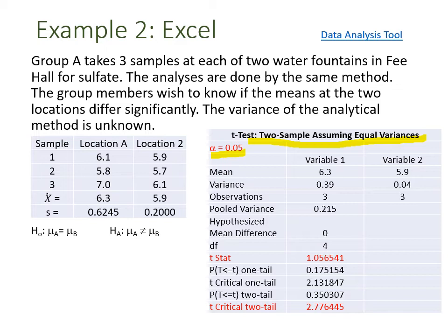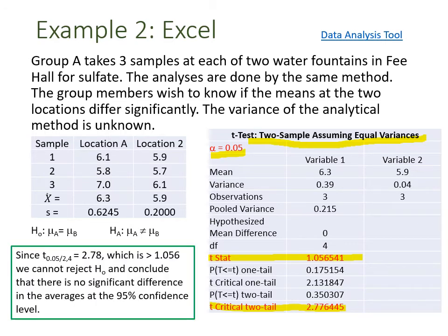The important parameters that you will obtain from this are provided in red. That is your t experimental and your two-tail t critical. Because we said that our means are unequal as the alternative hypothesis, that's why we're using a two-tailed test.